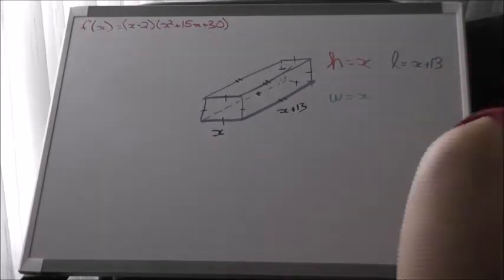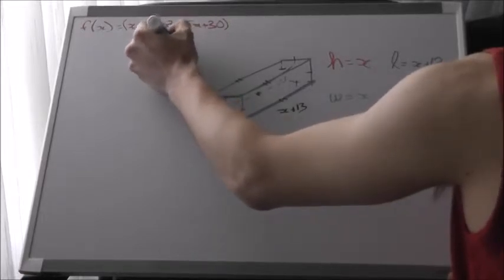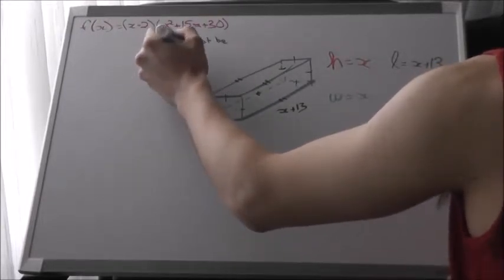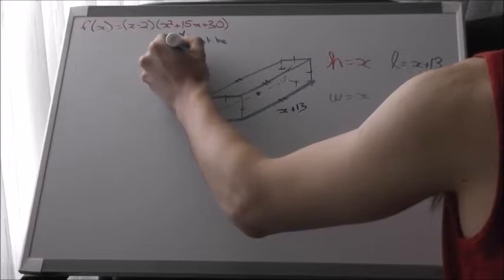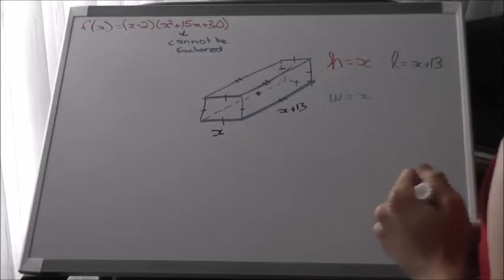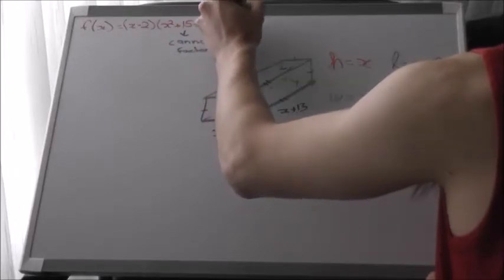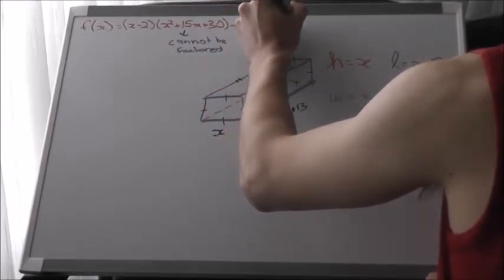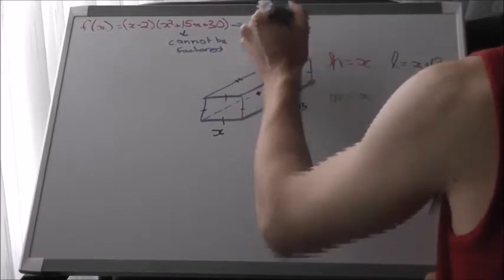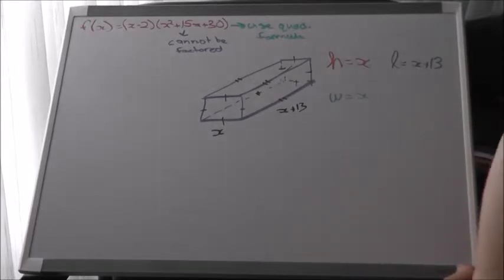Now, we can't easily factor the x squared plus 15x plus 30, since there's nothing that can be multiplied to 30 and added together to equal 15, which means in this case we must use the quadratic formula in order to find our other roots or factors of x squared plus 15x plus 30, so that we can find our other zeros.